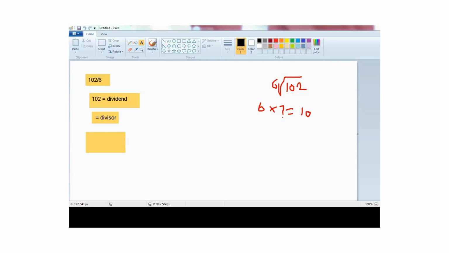Six multiplied by 1 gives 6. 6 multiplied by 2 gives 12. So we are trying to get 6 into 10, but the value is not here. That means the value has to be between 1 and 2. We cannot say 2 because 12 is bigger than 10. So we are going to pick 1. 6 goes into 10 one time. There is a remainder of 4 here.